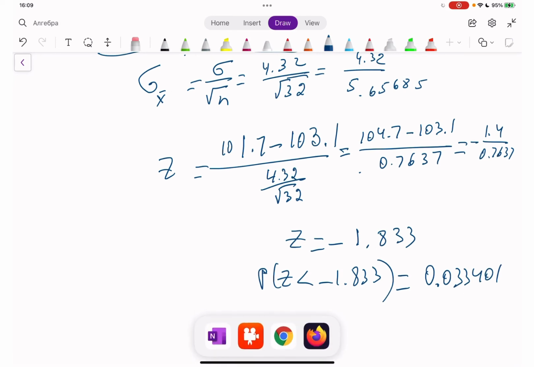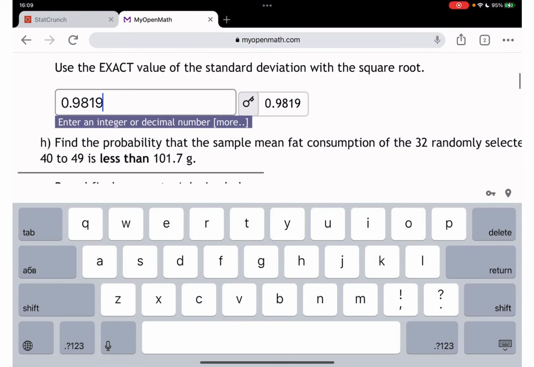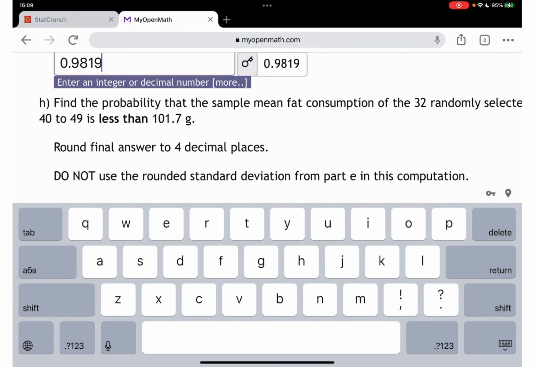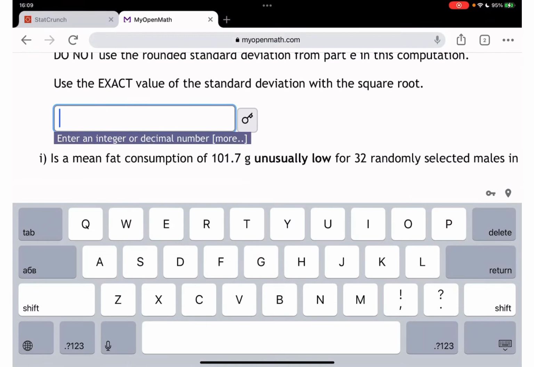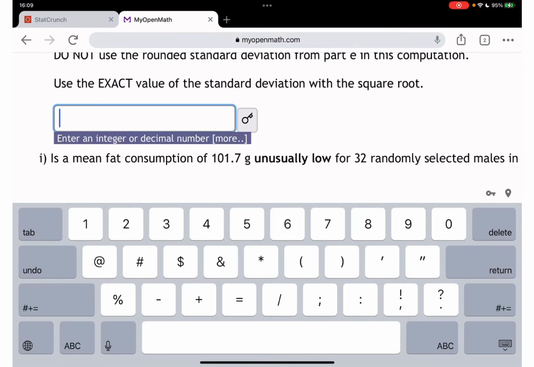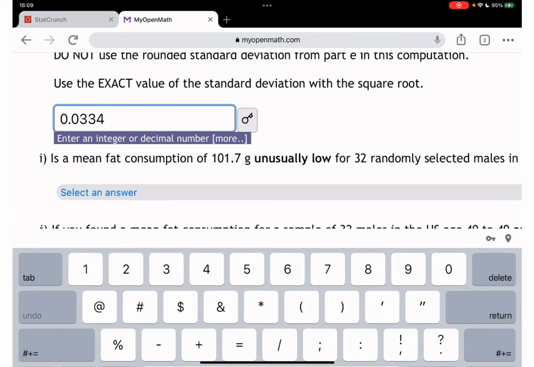So let me put in the answer: 0.0334, four digits. Okay, we got it.